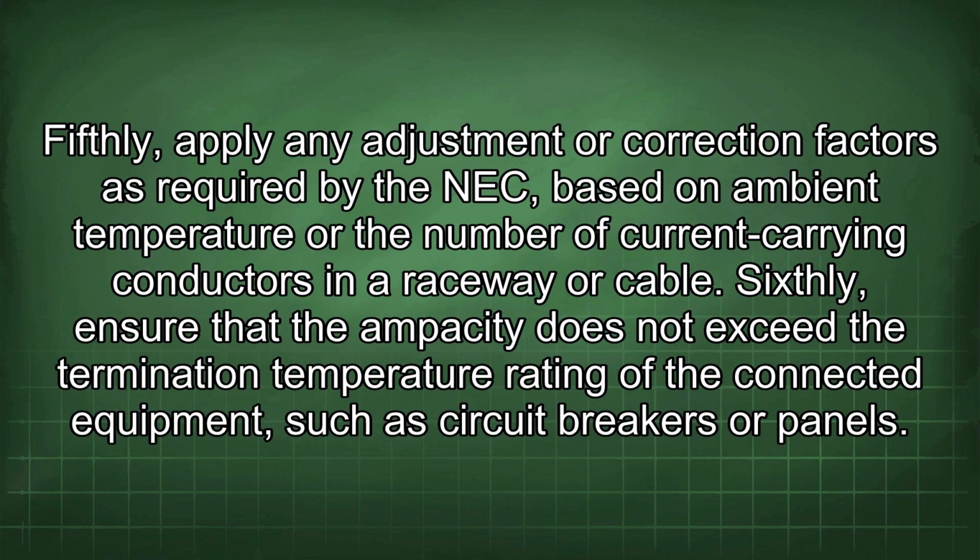Fifthly, apply any adjustment or correction factors as required by the NEC based on ambient temperature or the number of current carrying conductors in a raceway or cable. Sixthly, ensure that the ampacity does not exceed the termination temperature rating of the connected equipment, such as circuit breakers or panels.